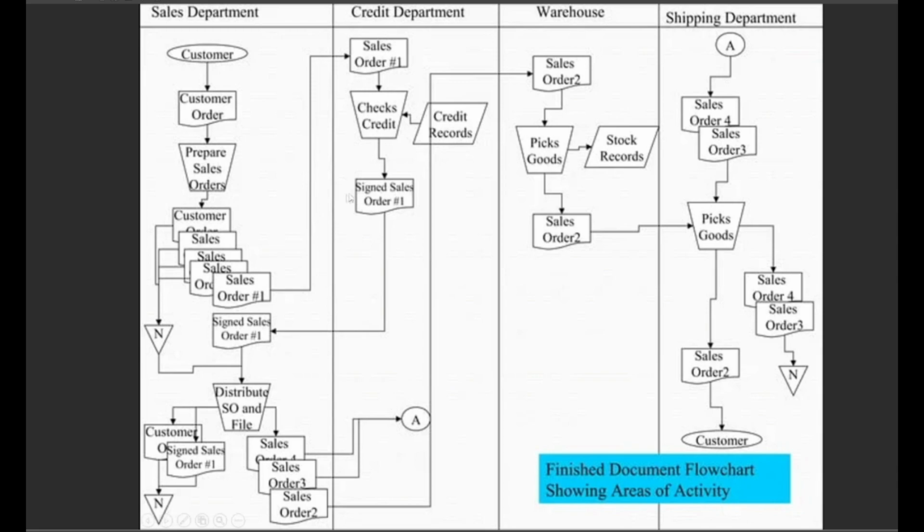So the signed sales order will now go to the distribution of sales order and file. The customer will have the copy that says your order is now approved and we will deliver that to you.